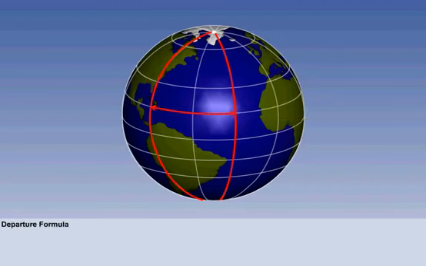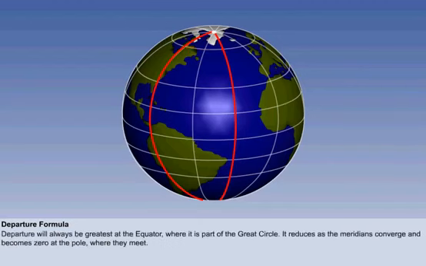Departure will always be greatest at the equator, where it is part of the great circle. It reduces as the meridians converge, and becomes 0 at the pole, where all meridians meet. At the equator, the change of longitude in minutes is multiplied by 1.